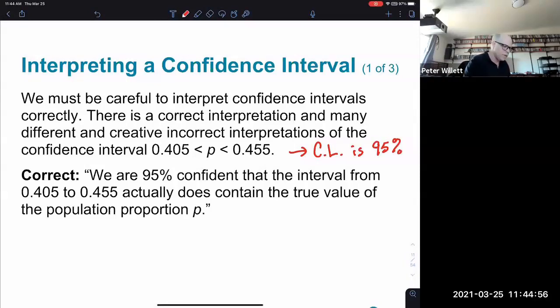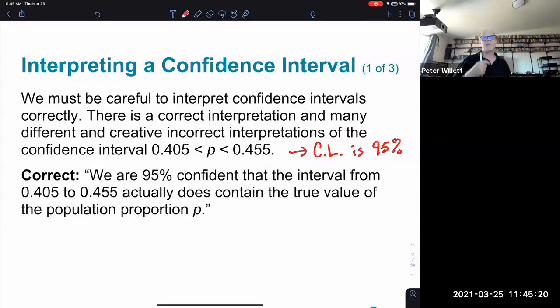And now we have an interval that is given for P, so that P is between 0.405 and 0.455. And again, these are portions of the population that have some characteristic about them, like call themselves Democrats or whatever.